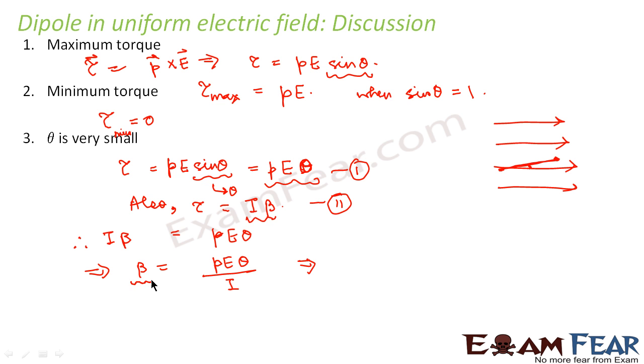What is beta? Beta is nothing but angular acceleration. Let me write it down here. Angular acceleration can be written as omega square into theta, where omega is angular velocity and theta is angular displacement. So this is equal to PE theta divided by I. This theta and theta will get cancelled.